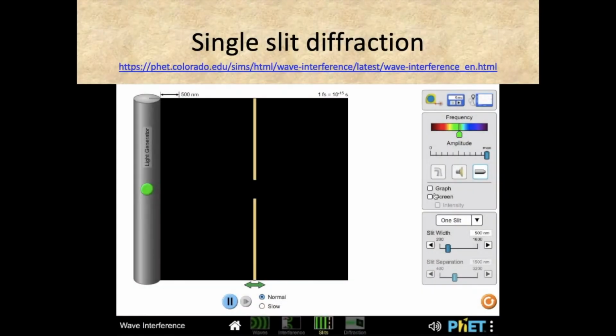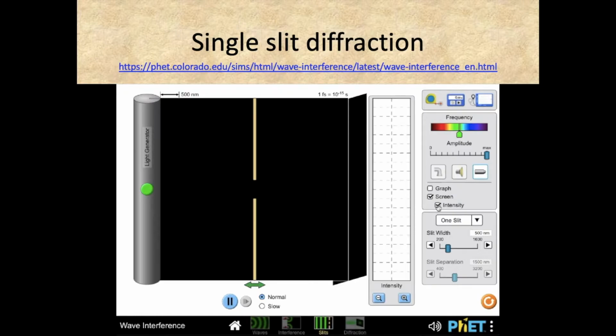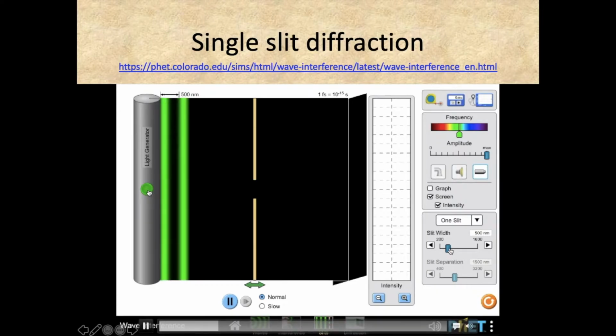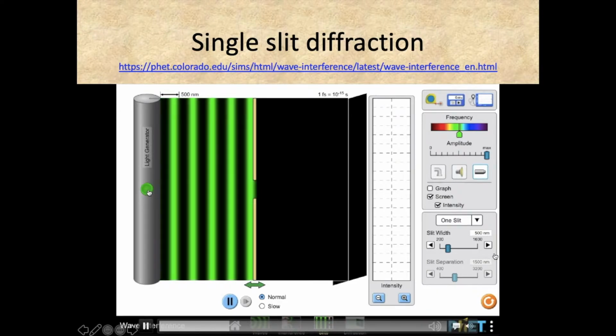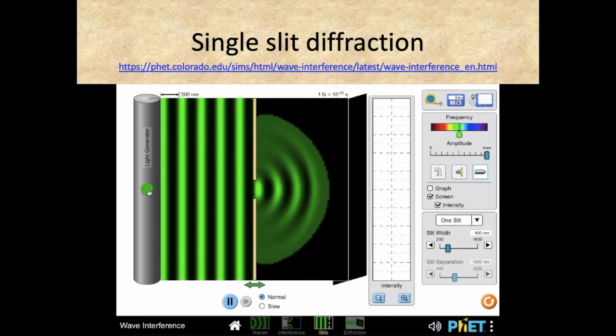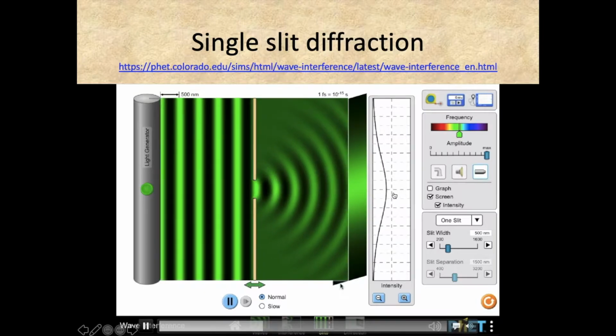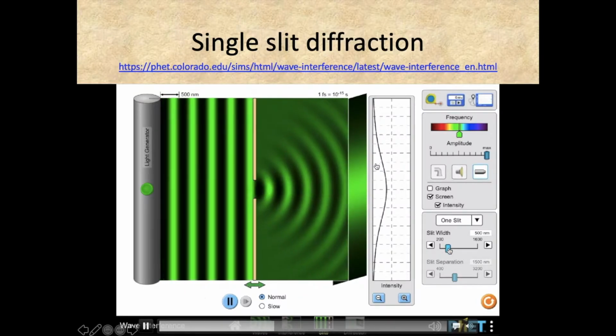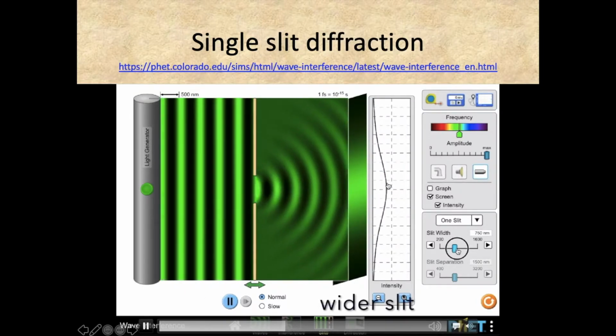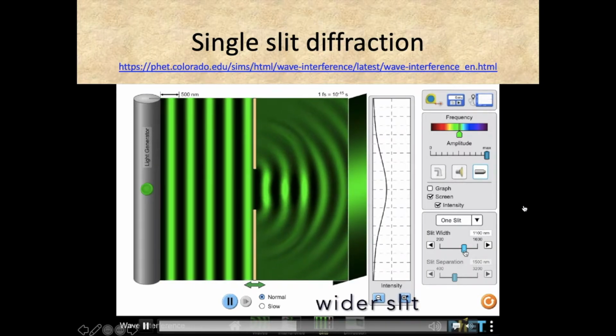So, light, show screen, and then intensity graph. The slit width is at that level, and green light starts approaching the screen. The intensity diagram on the right shows us the intensity form.